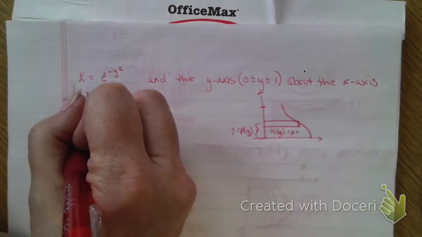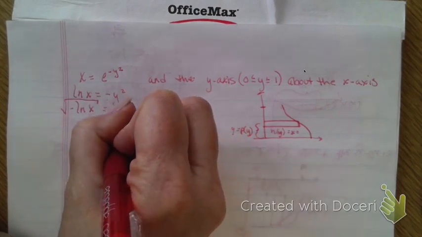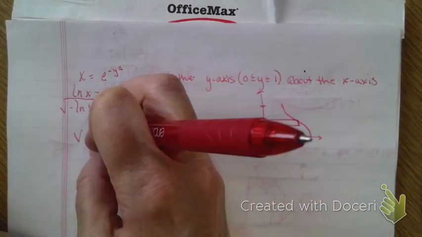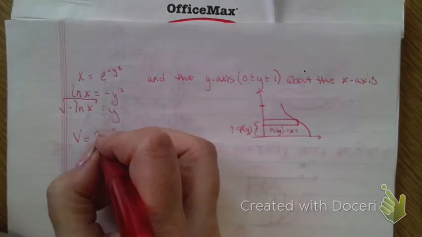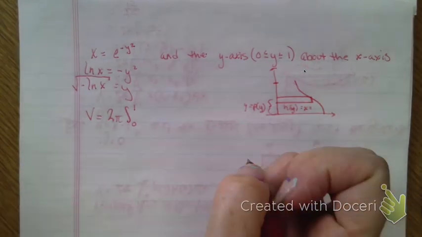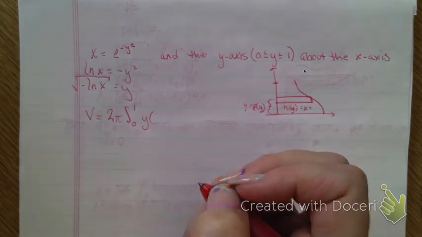Okay. So we have volume equals 2 pi times the integral from what to what? 0 to 1. Of, you want to do y? I always like to do my single one first.